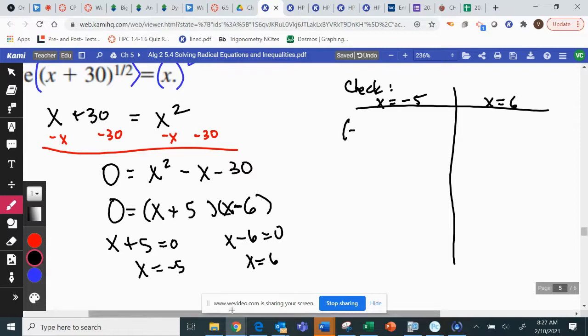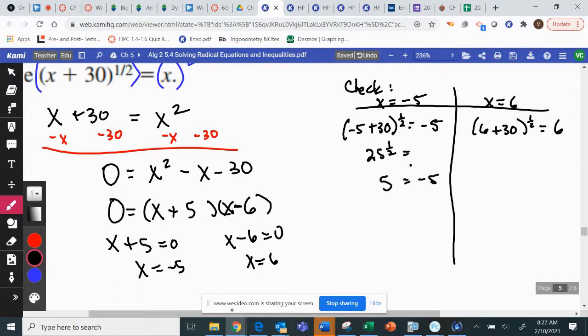So let's see, -5 plus 30 to the 1/2 has to equal -5, or 6 plus 30 to the 1/2 has to equal 6. So I plugged in x. For this one, I get 25 to the 1/2, which is 5, and that does not equal -5.